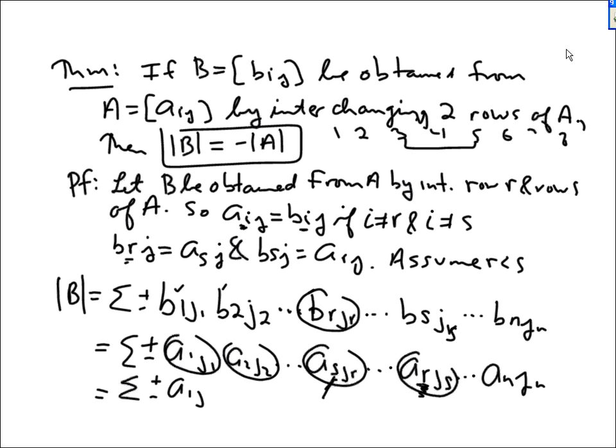This is A_1,J_1, A_2,J_2, all the way up to A_R,J_S, all the way up to A_S,J_R, all the way up to A_N,J_N. That is, I just switched these.